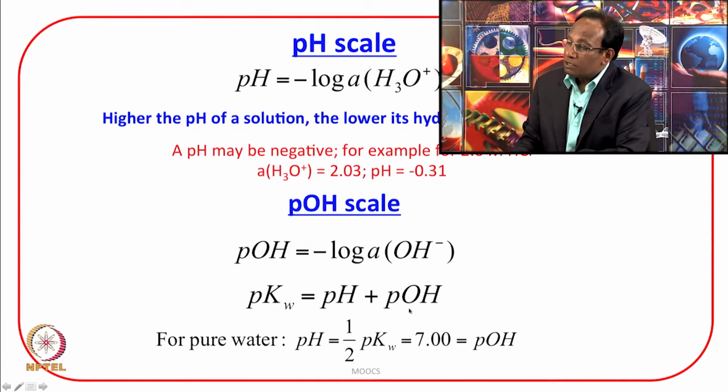Why I am saying this is because, as we just discussed in the previous slide, the activity of hydronium ion and the activity of hydroxide ion are the same for pure water. Therefore, pH and pOH will also be the same, each equal to half the value of pKw. pH is equal to pOH.